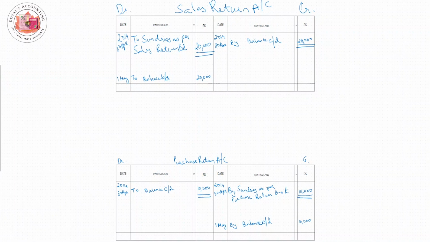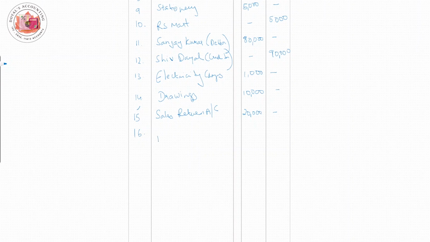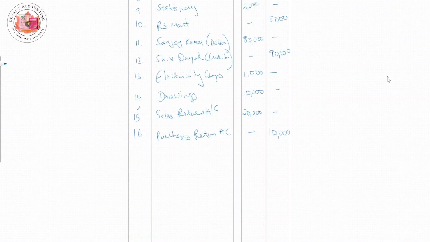Purchases return has a credit balance of 10,000. Number 16, purchases return, credit balance of 10,000. So these are our accounts.